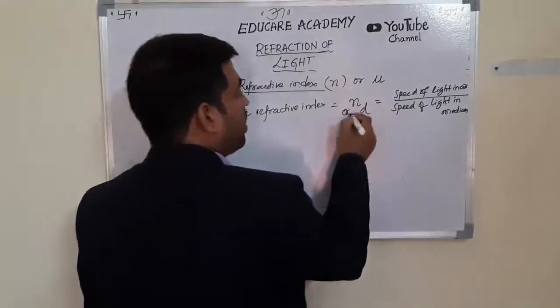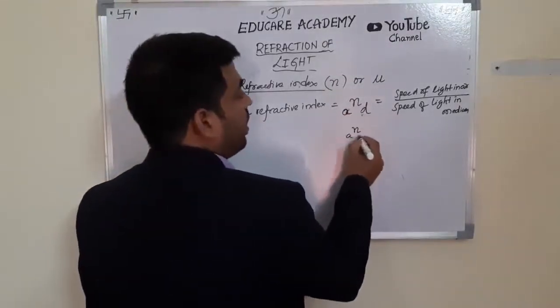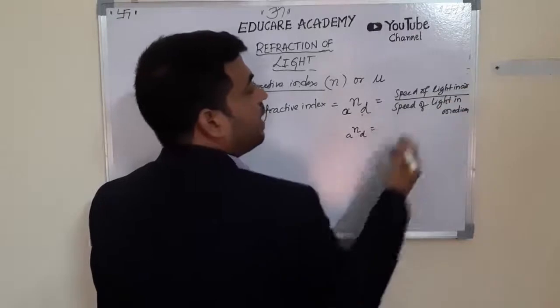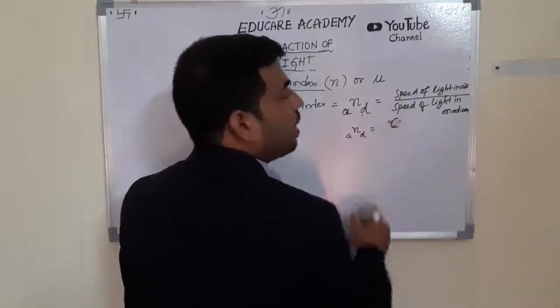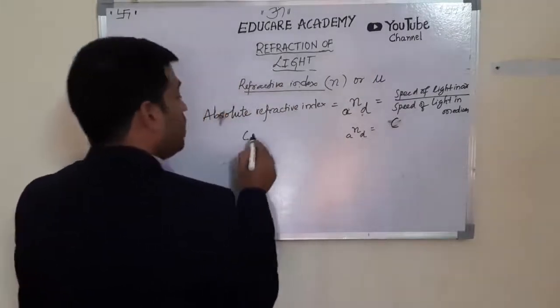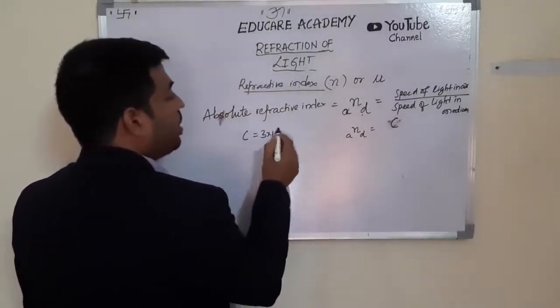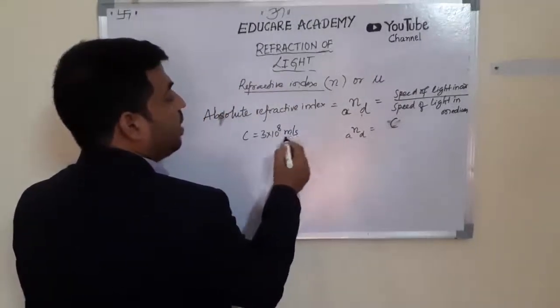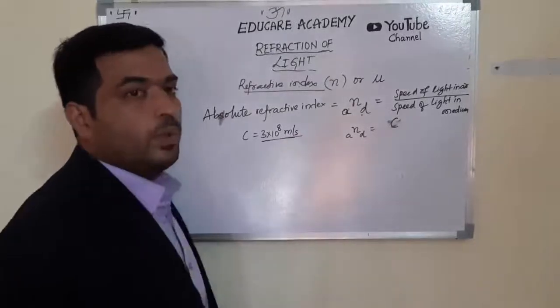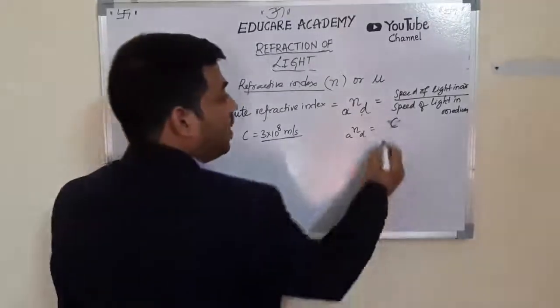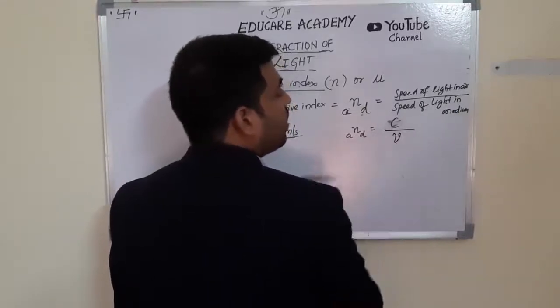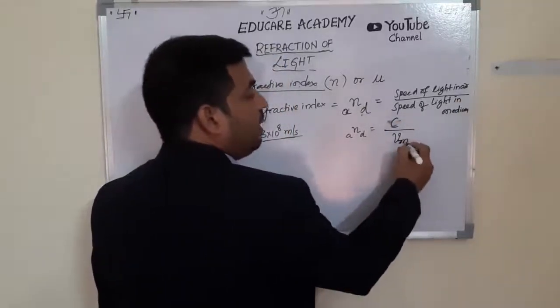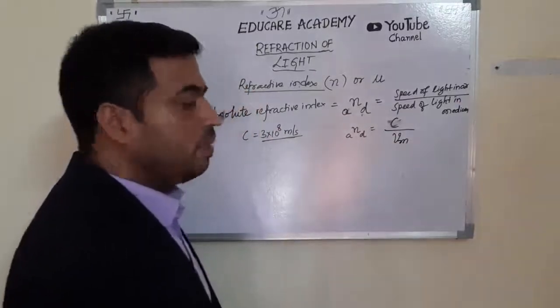So here, for air, the speed of light in air is taken as C. You know that C value is 3 into 10 power 8 meter per second, so rounding off, actually 2.99, divided by speed of light in any medium, which can be written as V. C by V in medium. Let us take V, velocity in medium.